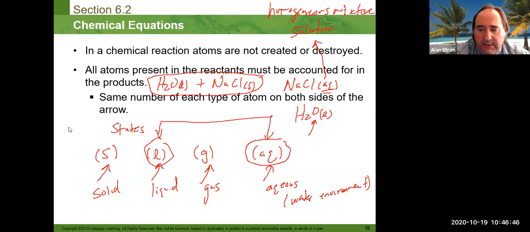Again, L is really just some type of substance like water that's all by itself, nothing else in it, just pure water. While aqueous usually means that you take something and dissolve it in something like water, and you make this solution that's homogeneous. You don't usually see the solid or anything like that. Obviously, it just looks like a liquid, for lack of a better example.